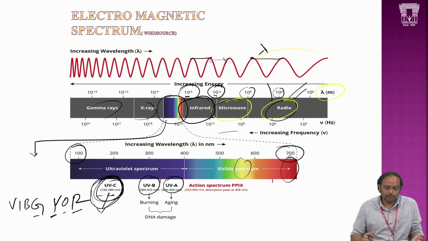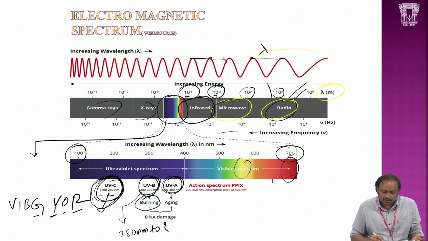And this is ultraviolet C, and there is ultraviolet B and ultraviolet A. Usually with ultraviolet B, which has a range of 280 to 320 nanometers, you can feel a burning sensation. And similarly at 320 to 400 nanometers, you can feel aging, which is very dangerous for our DNA.